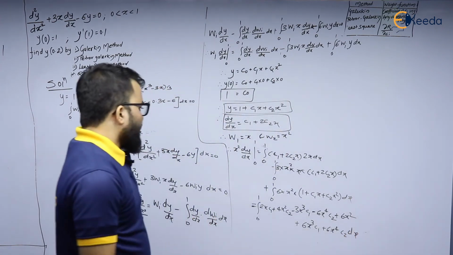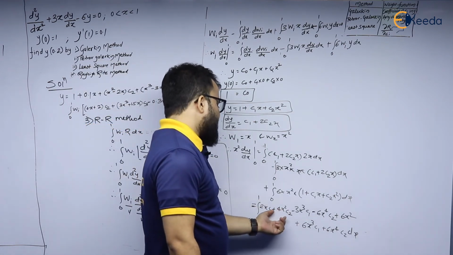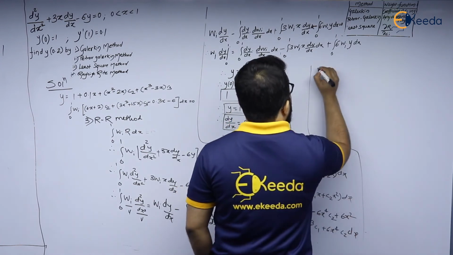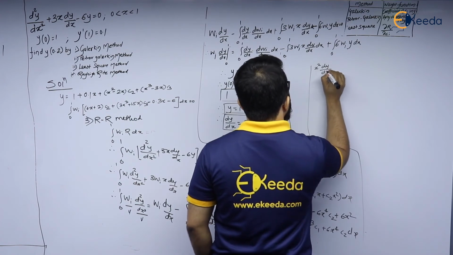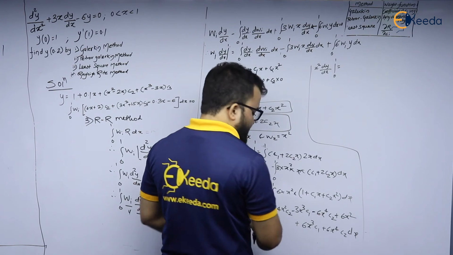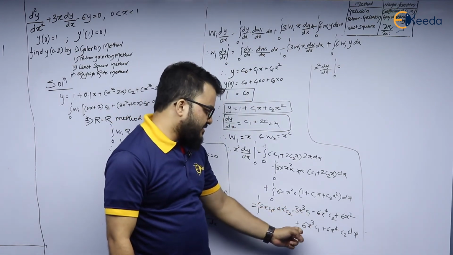Again, we will bifurcate this into c1 and c2. So you will get x square dy by dx from 0 to 1 equals, this is a c1 term, this is also a c1 term, this is also a c1 term.